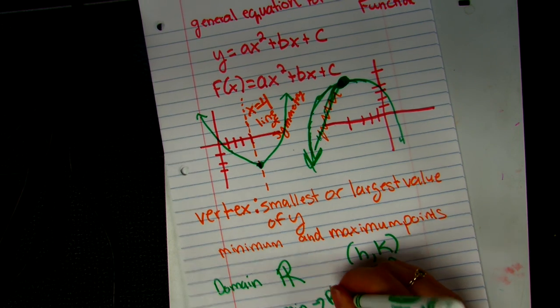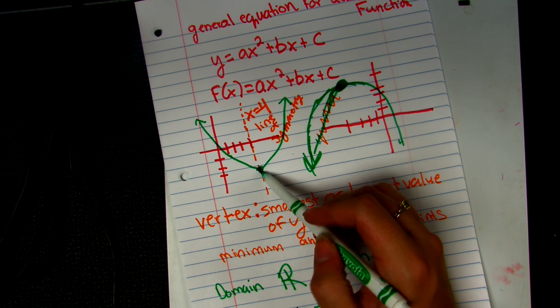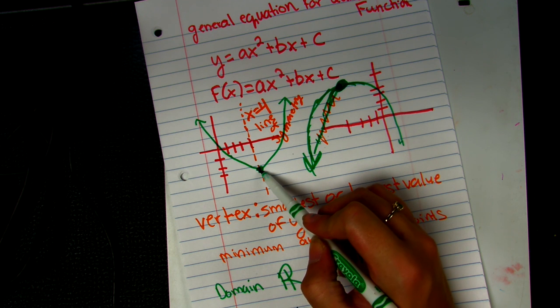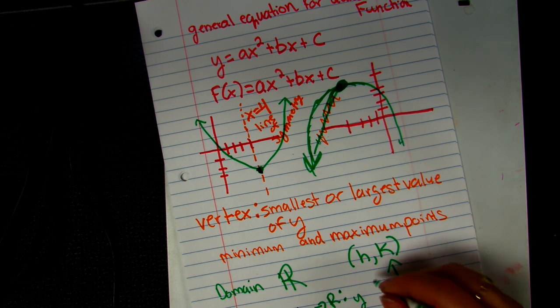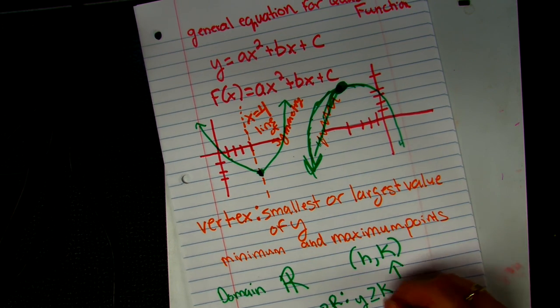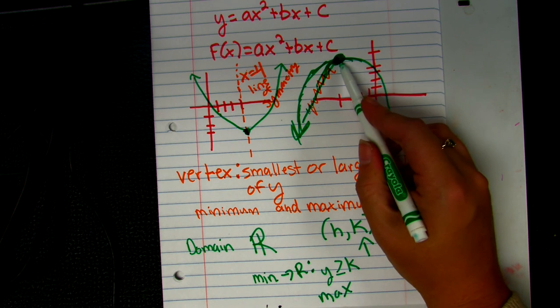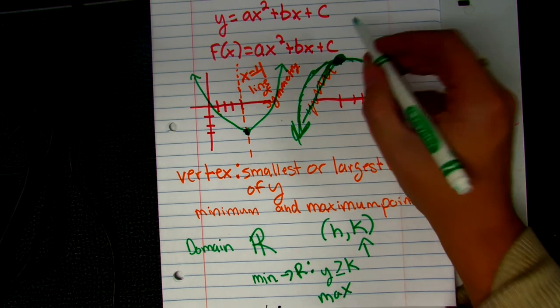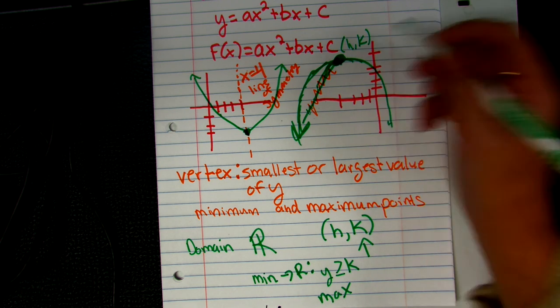then your range, so if it's a minimum, that's the lowest it can be, right? If it's a minimum, that means your range is going to be all the y values greater than or equal to k. If you have a maximum point, remember the maximum point is the highest it can go, so all of your y values have to be smaller than that k value.